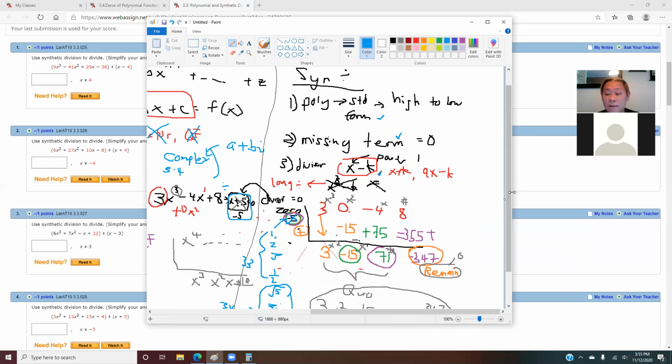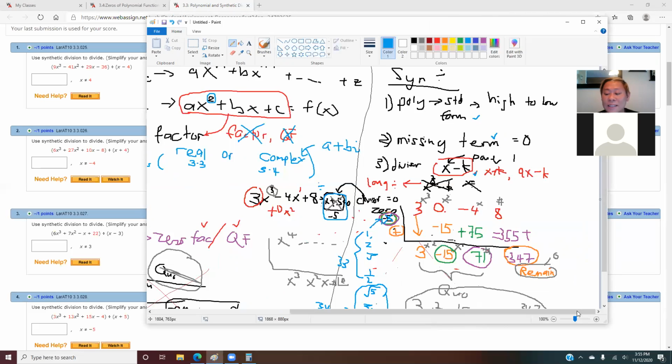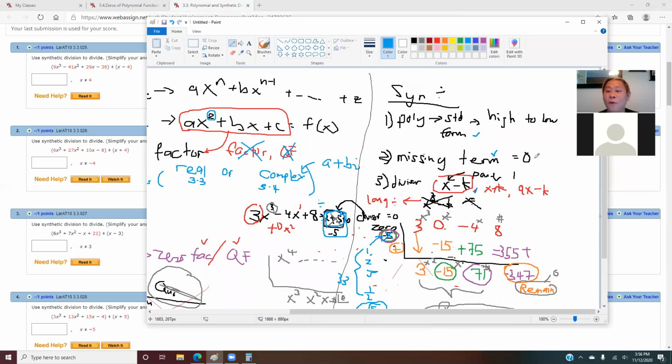So can you tell me what is your zero? What is the number you have to divide by here? -4. No, again, this is a plus. So 4. Yes, 4. So that is 4. I'll write it right up here.